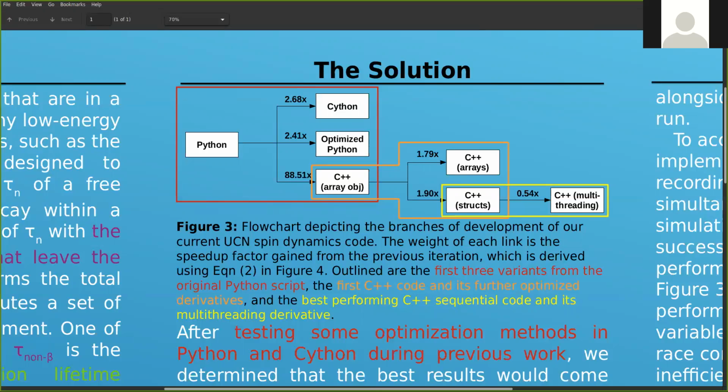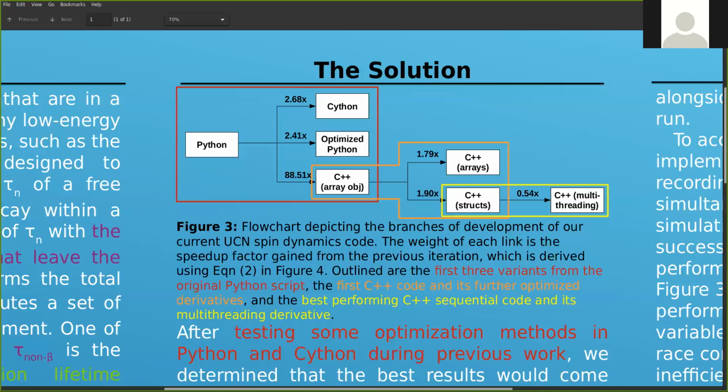To solve this, I tried using parallel programming, specifically multi-threading, to implement data recording simultaneously with a running simulation. While my method was successful, it unfortunately resulted in a degradation to our overall speedup factor, as can be seen in the yellow outline portion of the flowchart, at only about 91.5 times faster than the original Python version.